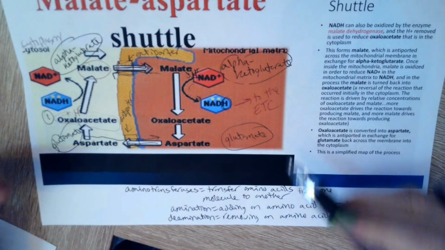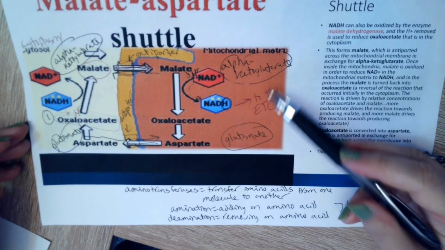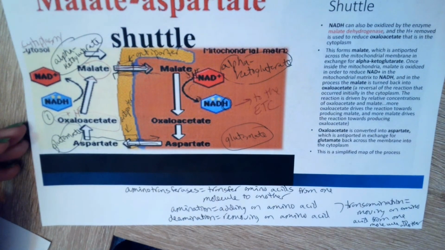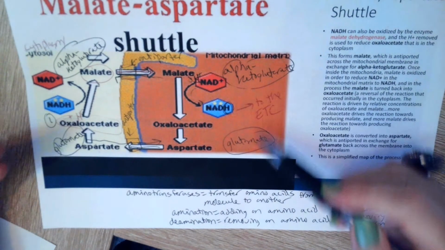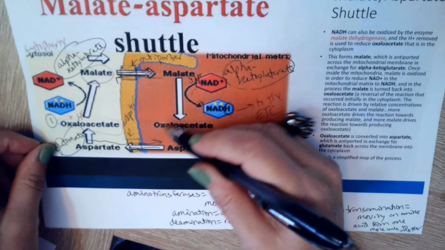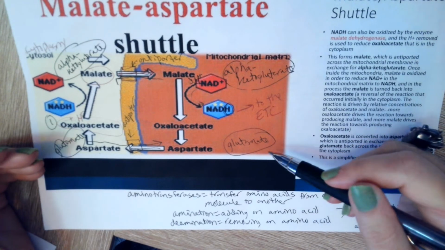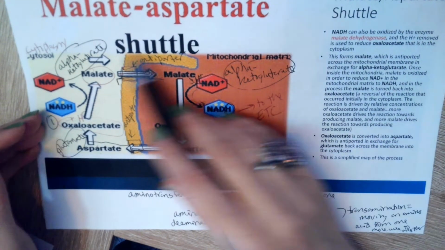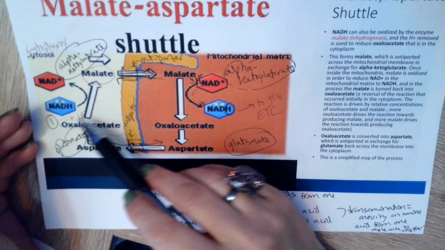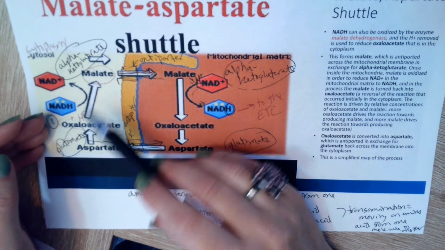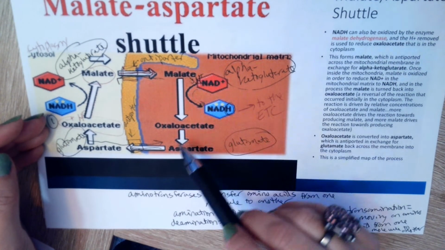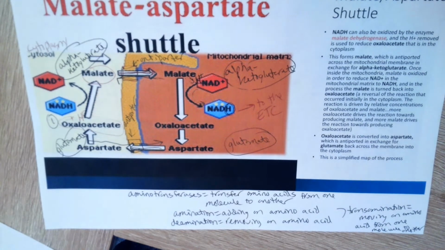And this is what we are going to have happening between the glutamate and the alpha-ketoglutarate, involving also oxaloacetate and aspartate. So this is where it gets a little bit confusing, where we start to think about these amino acids also moving around. The hydrogens are kind of easy to remember. You add a hydrogen onto oxaloacetate, you get malate. You take the hydrogen away from malate, you get oxaloacetate.